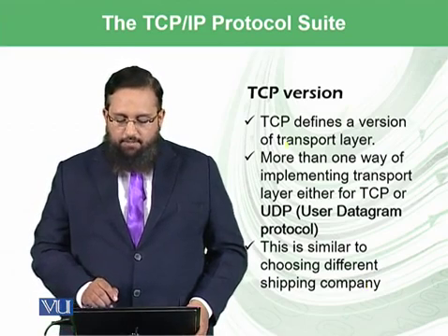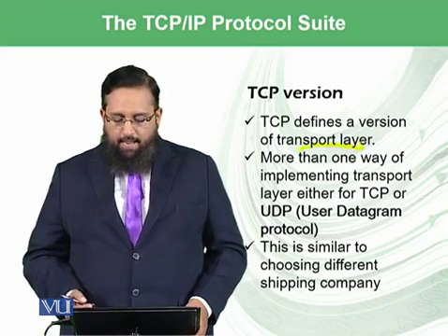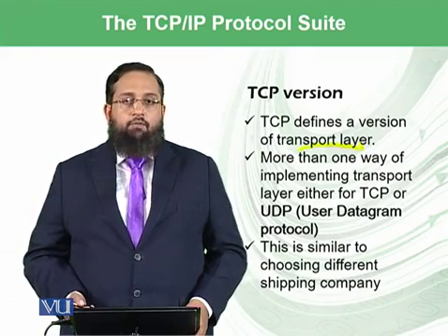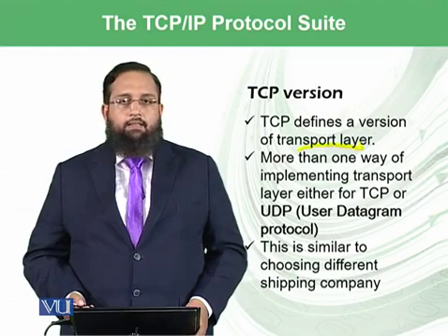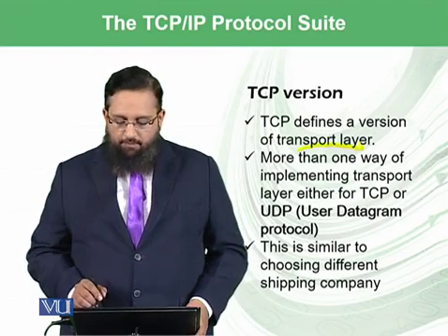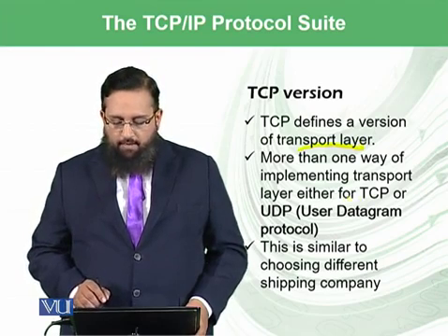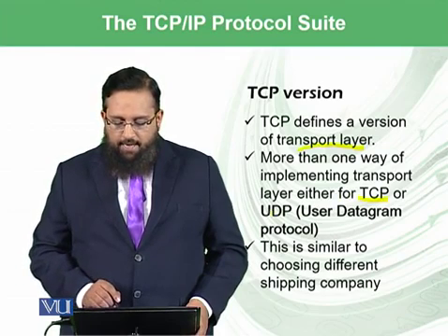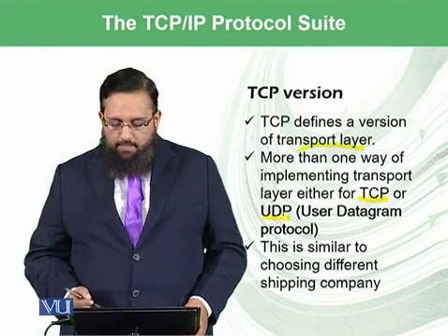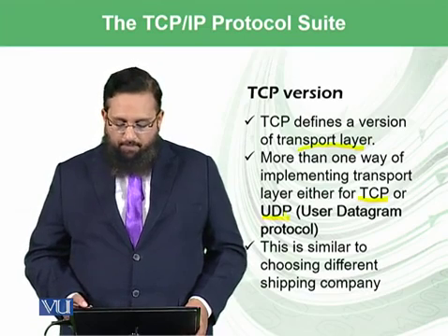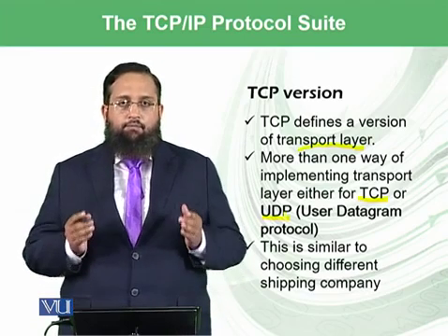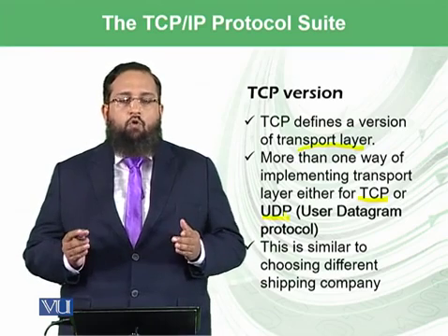TCP defines a version of the transport layer, and there is more than one way of implementing it. One way is TCP, the transport layer implementation, and the other is UDP, the User Datagram Protocol. Why do we have two options?